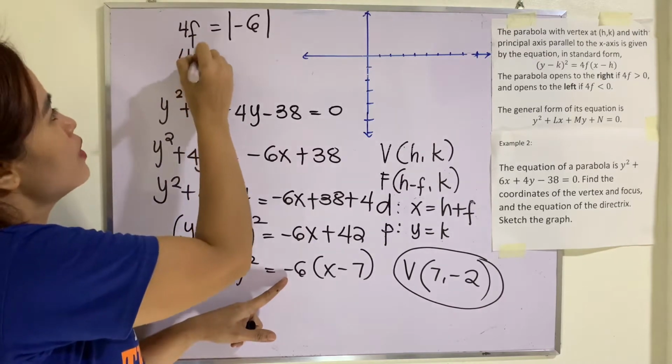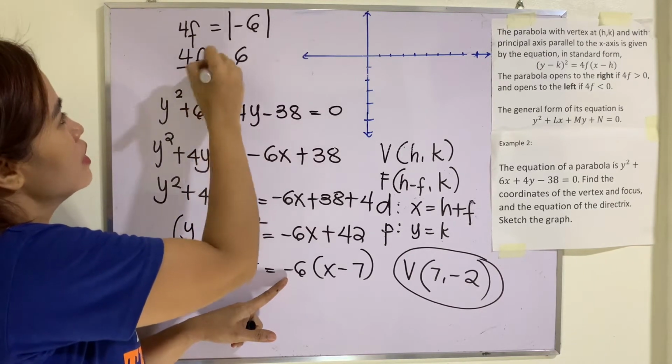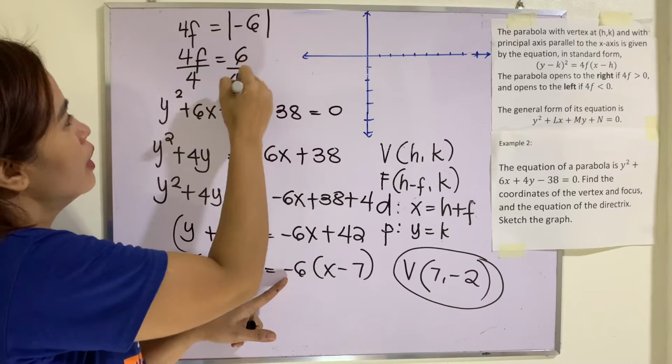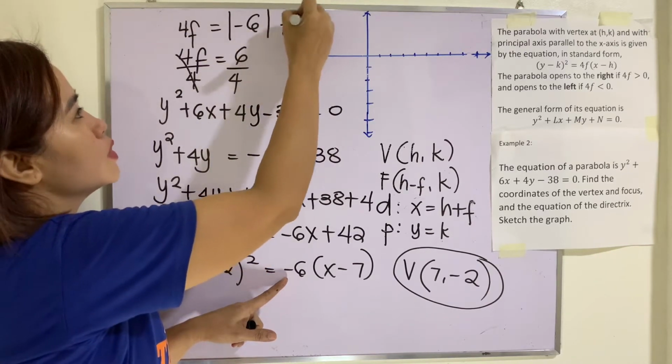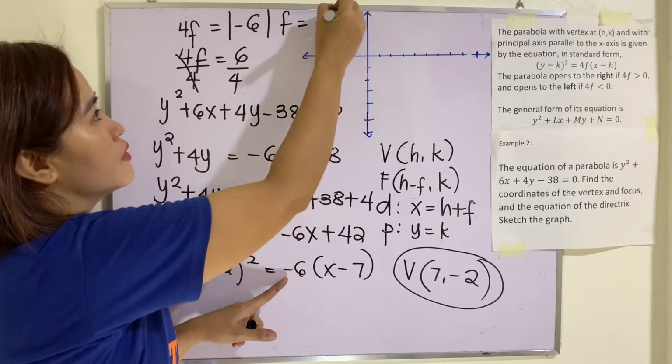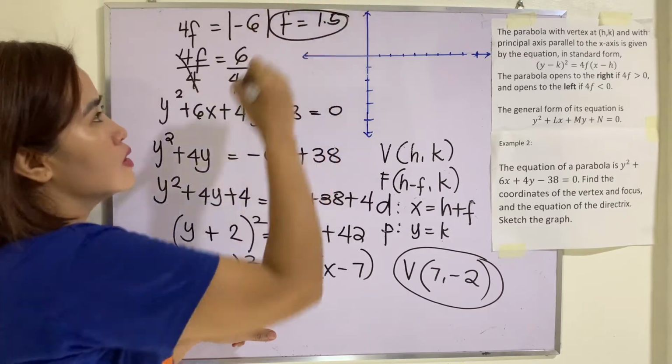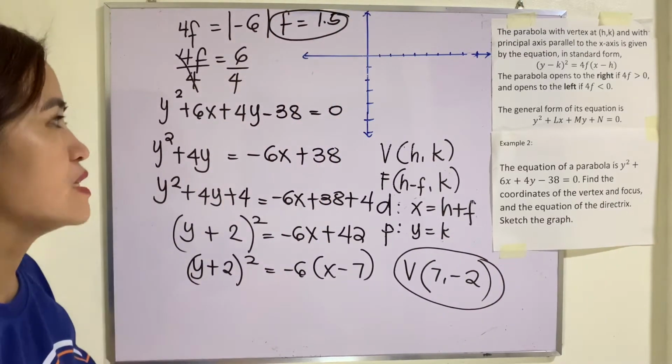So, 4f is equal to 6. Dividing both by 4, f is equal to 1.5. So, that is our focal distance.